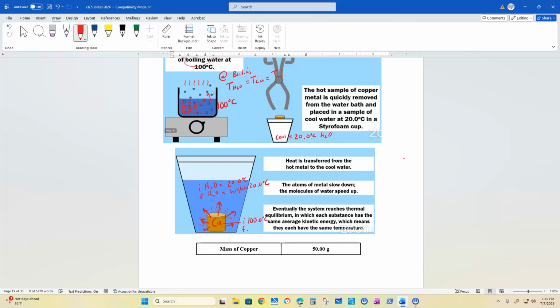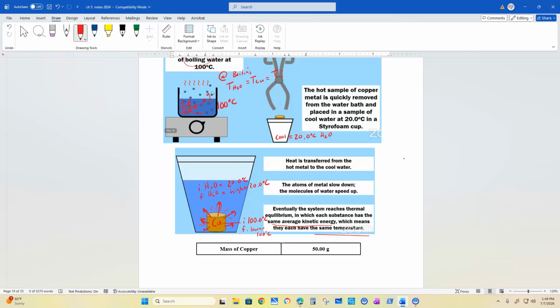But as soon as you put it in this cold water, it's releasing all this heat. This final temperature is going to be lower than 100 degrees. So heat is transferred from the hot metal to the cool water. The atoms of the metal slow down. The molecules of the water speed up because you gave it energy, you gave it heat.